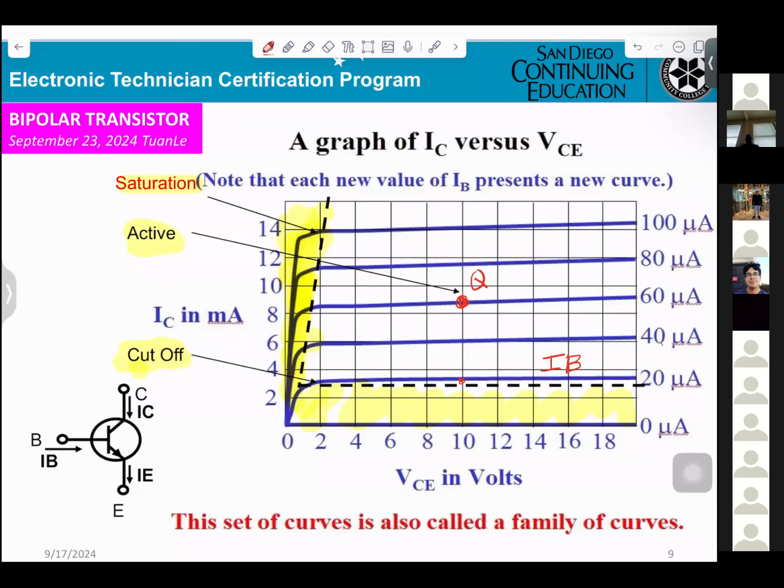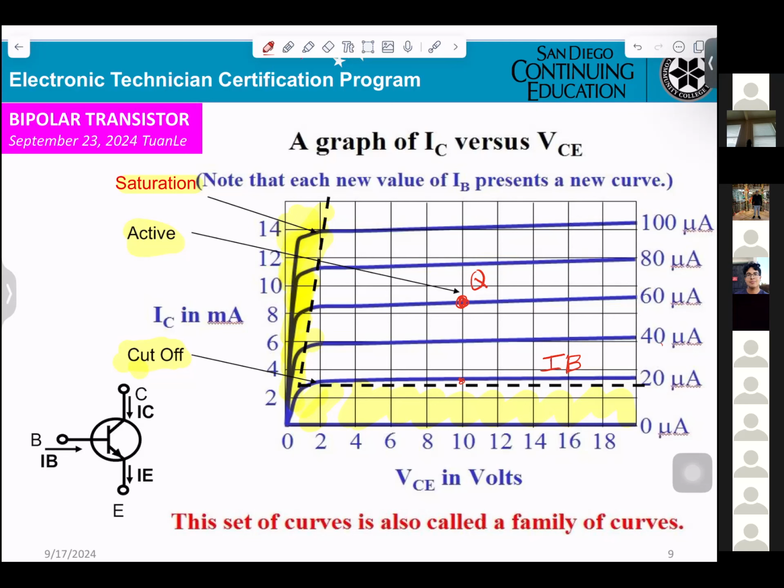Can you tell me at the Q point what current IB is? 60 microamps.